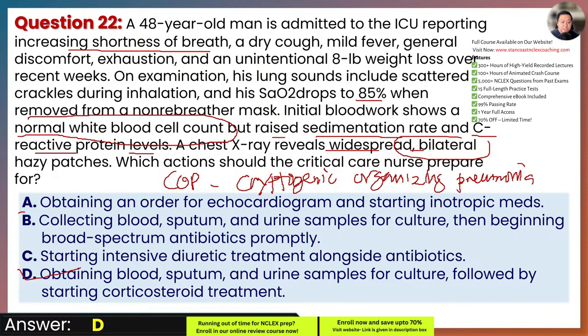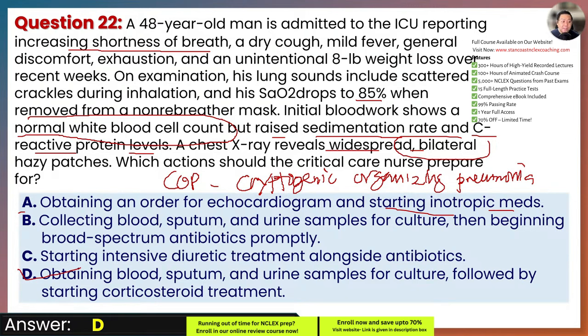And also the mention of starting inotropic medications like dobutamine can help pump failure, but they do not have a role in cryptogenic organizing pneumonia. So this is not going to help. And so the clue in this option is that there are no signs of heart failure.